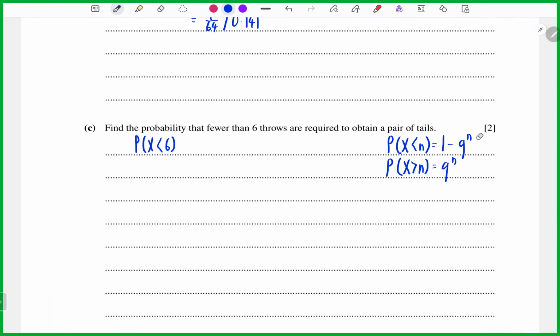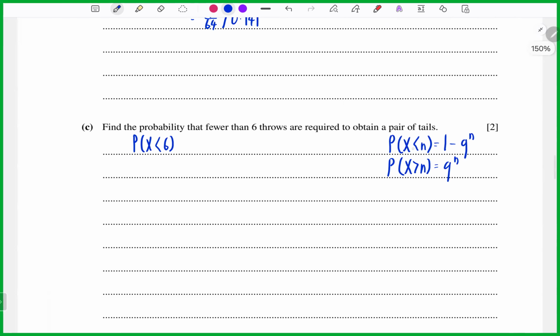Sorry, actually it's not here. I forgot to say this part. So you should change to x less than or equal to 5. So I can take 1 minus 3 over 4 to the power 5. So you will get the answer 0.763. So this is your answer.